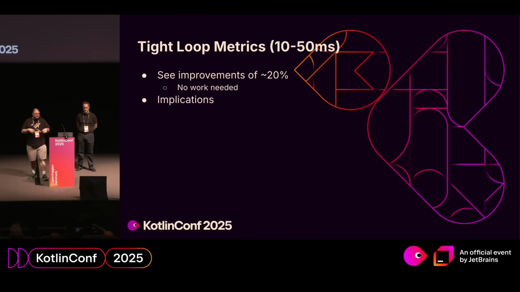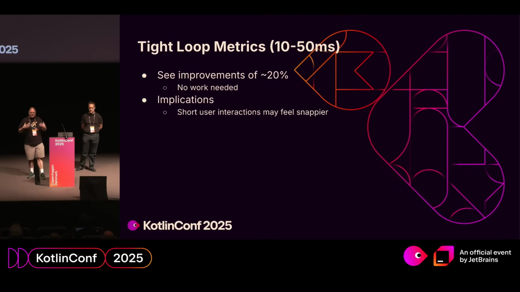So, a little bit of analysis, thoughts on the implication. These tight loop metrics tend to be the metrics you're measuring for short user interactions. These are the things that make your application feel snappier. That's the type of thing you're generally describing when you're measuring these short time frame interactions.